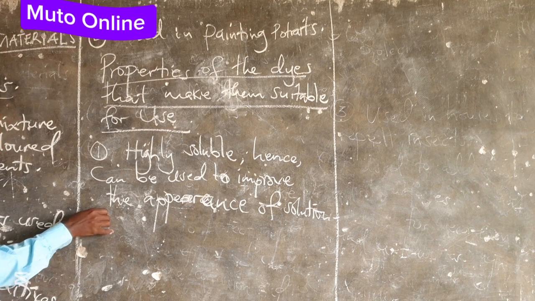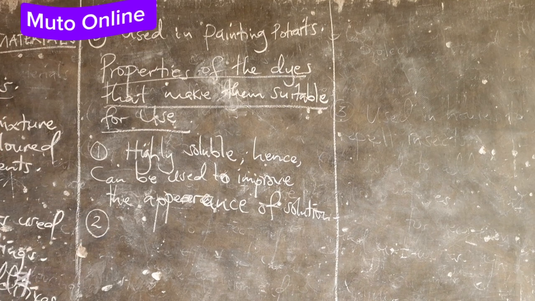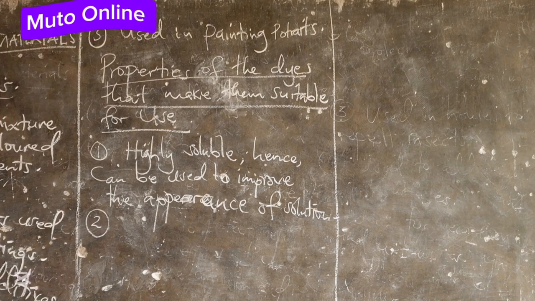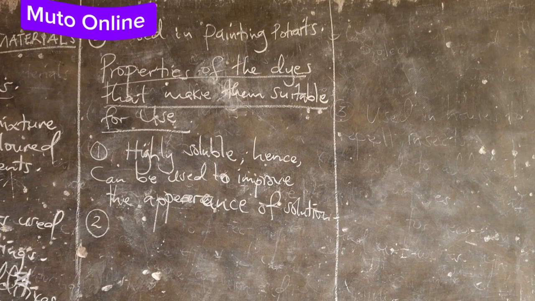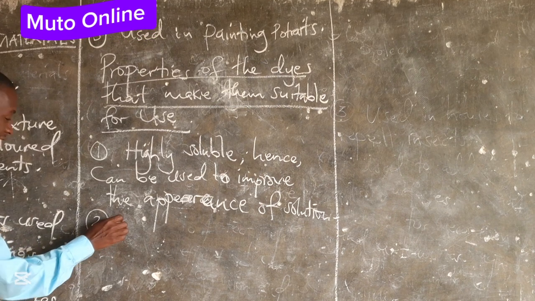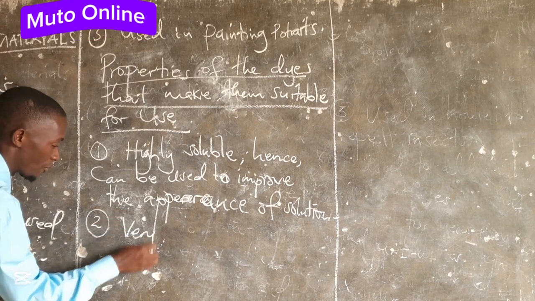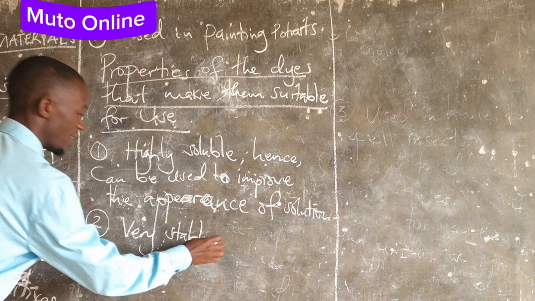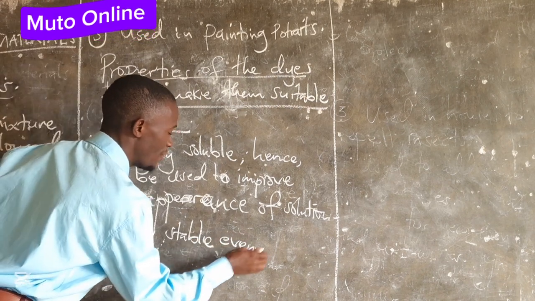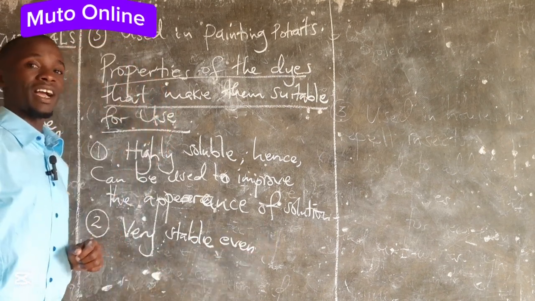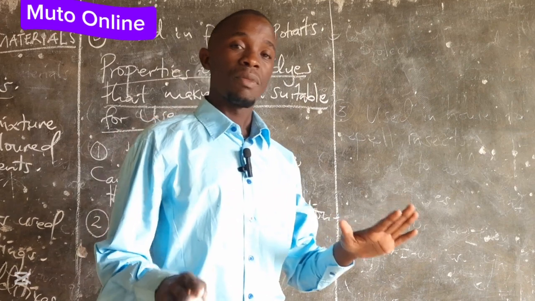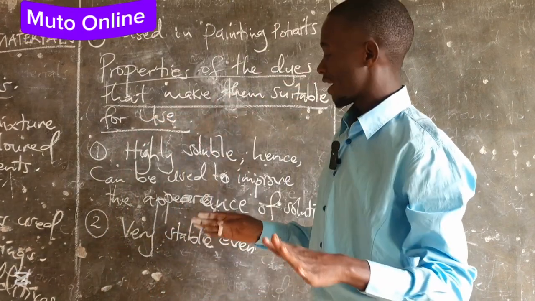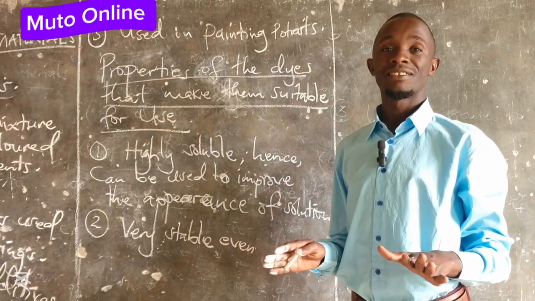To continue with our business, we are looking at the properties that make dyes suitable for use. The second property of dyes, they are very stable. Even when used at high temperature, the dyes maintain their chemical and physical properties.